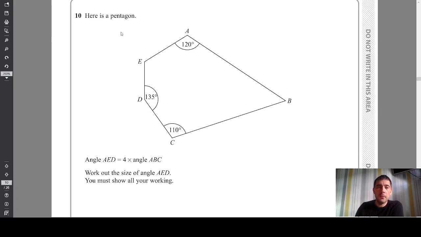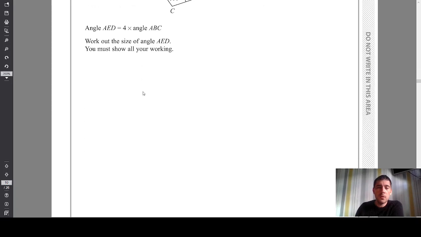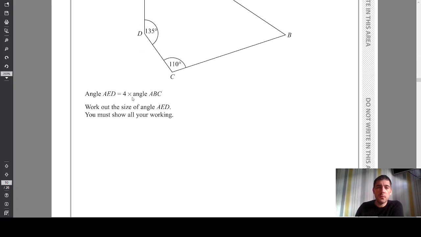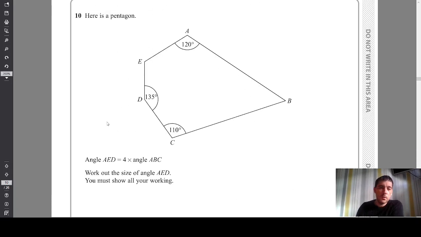So the next bit is polygons. This specific polygon is a pentagon, so check the information given. We've got two angles. By the way, all the angles are labeled with the middle letter representing the angle itself.